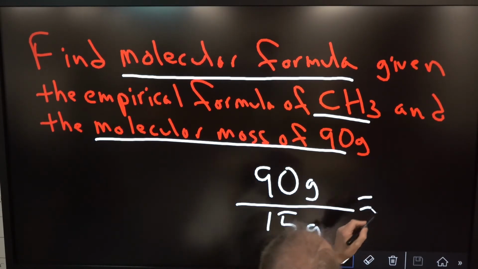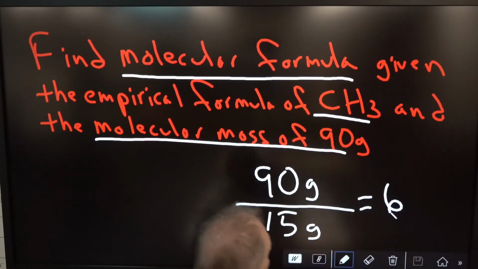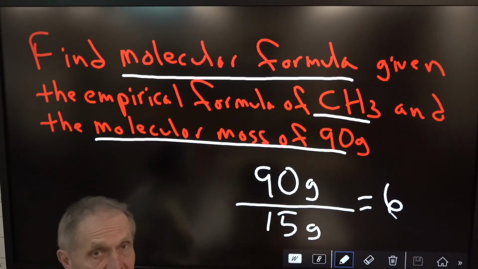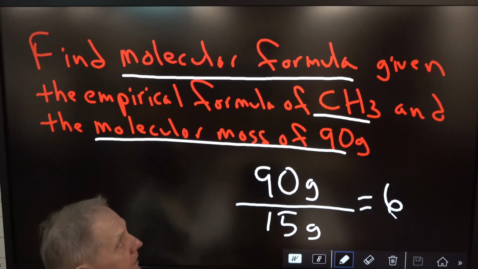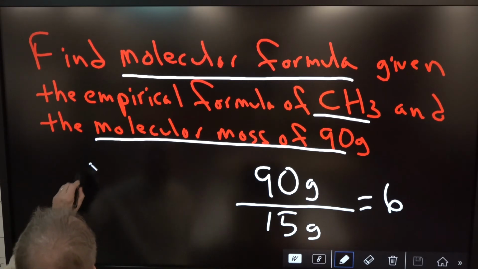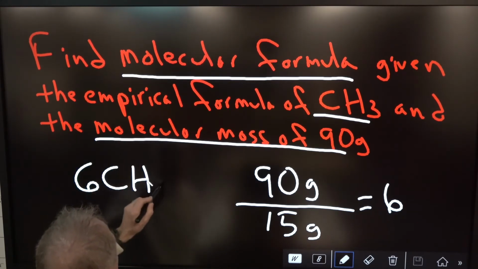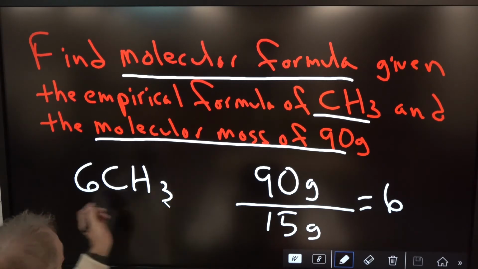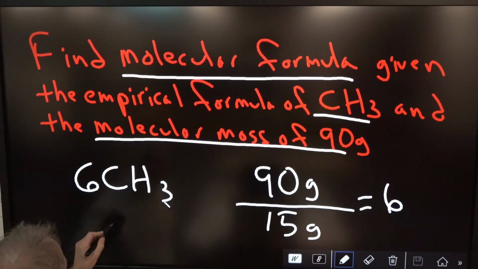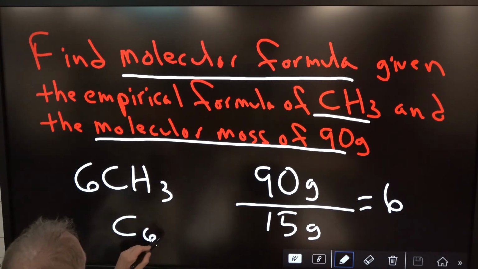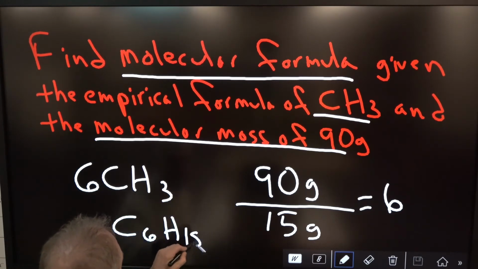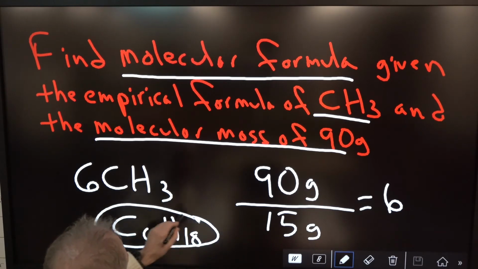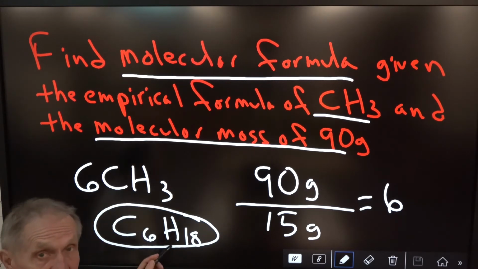And we get 6. Now, what does that 6 mean? That means this, 6CH3. Or, when I blow that 6 through everything, that would be C6H18. And there is my molecular formula.